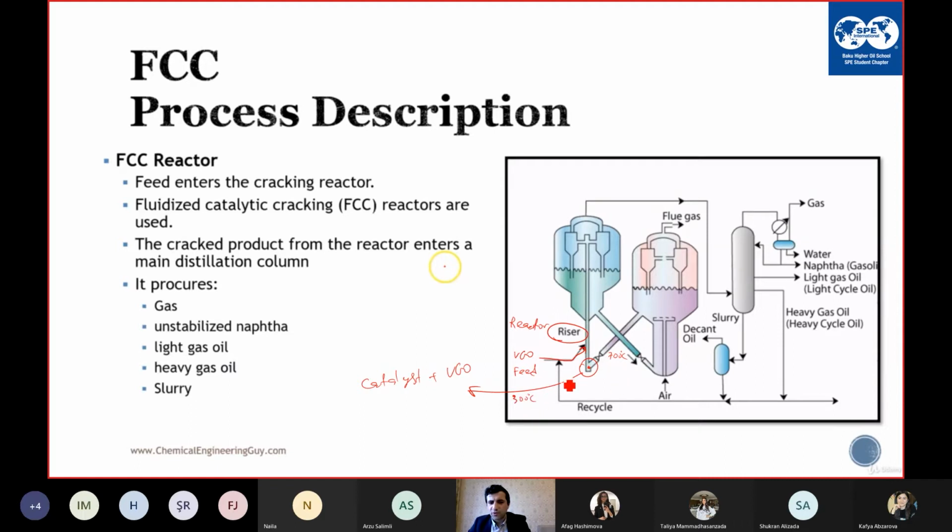And of course, when they meet, the total temperature becomes 500 plus, and then all the VGO is evaporating, and evaporation and the reaction go immediately. And with the help of the catalyst, you have 1 to 3 second residence time in the riser reactor from here to this part where the reaction goes on, and then all the VGO is cracked.